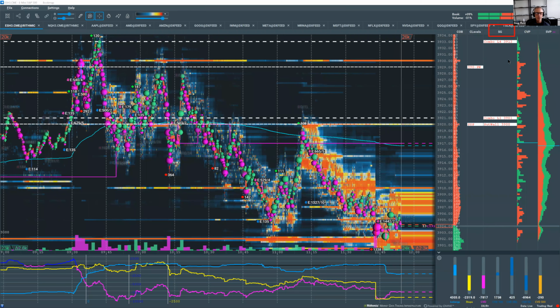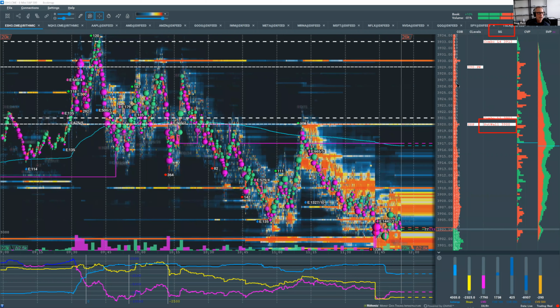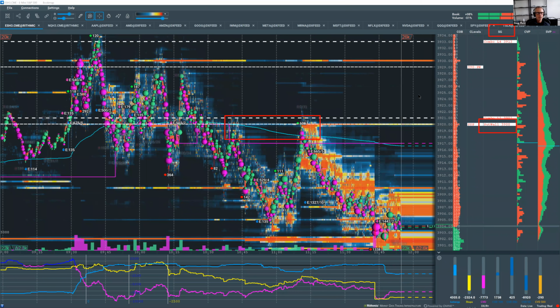There are a number of platforms, and this is for Bookmap, and these are updated automatically. So there's the 3,900 put wall, and it did not act as support today. It actually acted closer to resistance.